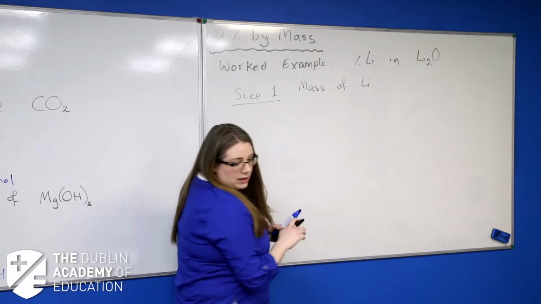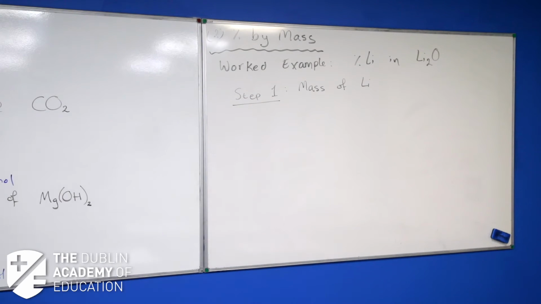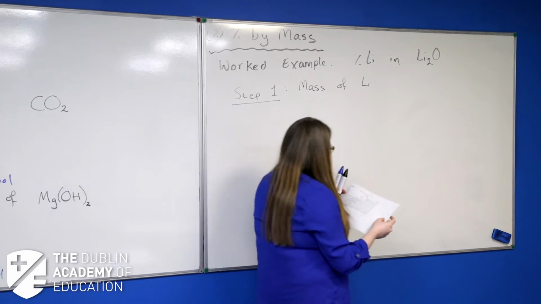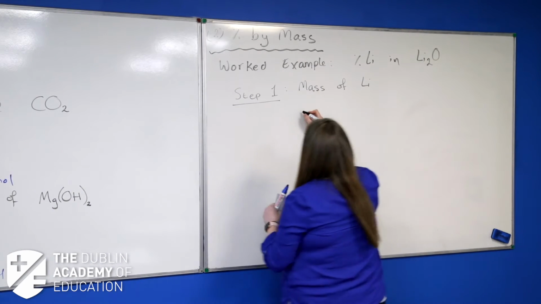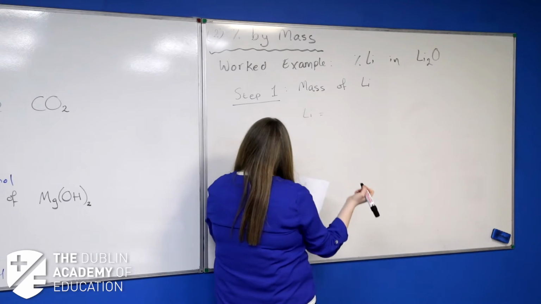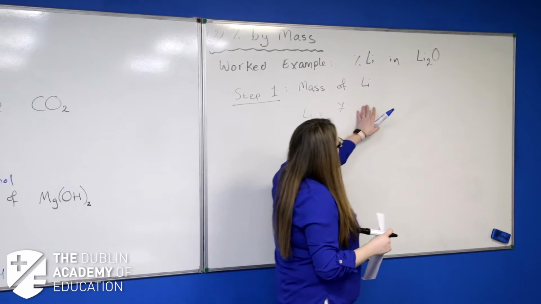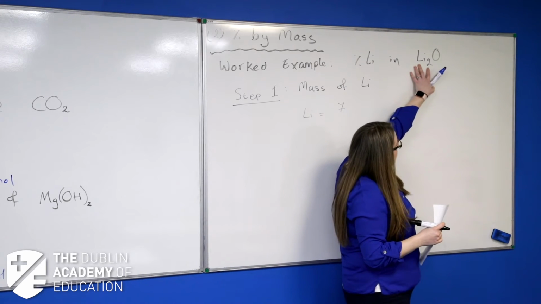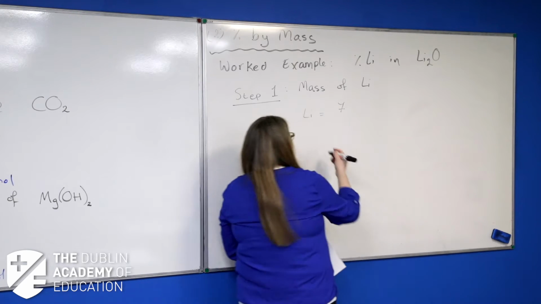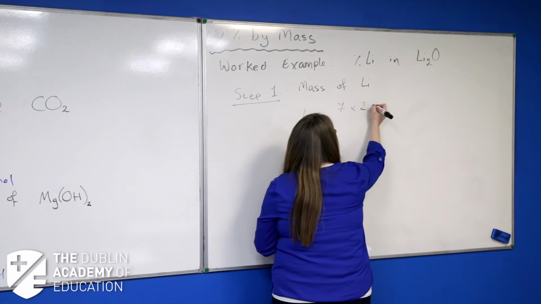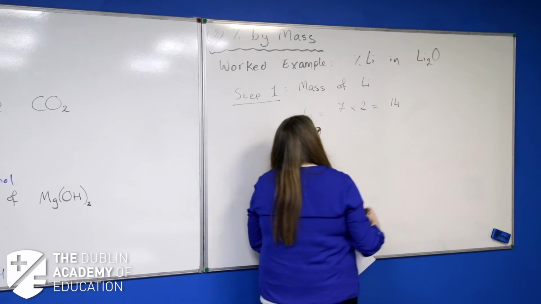So if we look at the periodic table, lithium has a mass of 7. There are 2 atoms of lithium in that molecule. So we're going to multiply that by 2.